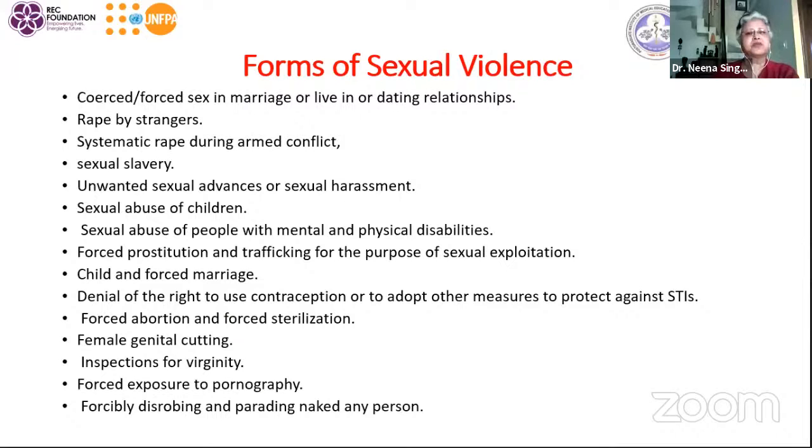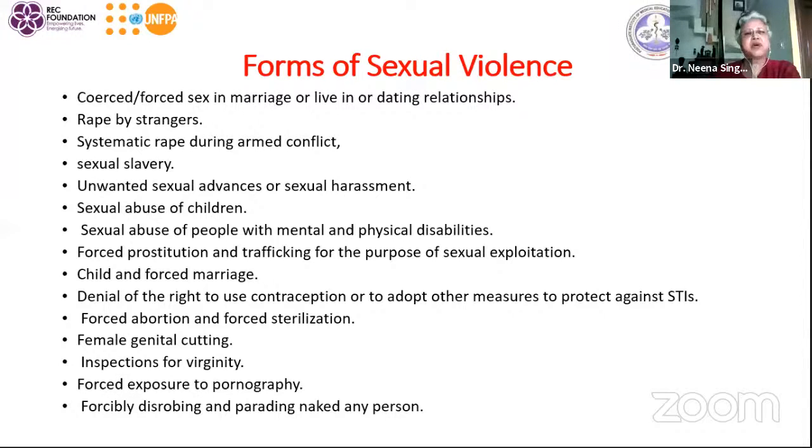Coerced or forced sex in marriage or live-in or dating relationships also comes under sexual violence, which has increased to a great extent all over the world during this COVID-19 pandemic. Rape by strangers, and systematic rape during armed conflict, which is very common because when there is an armed struggle, the soft targets are the women and the children.